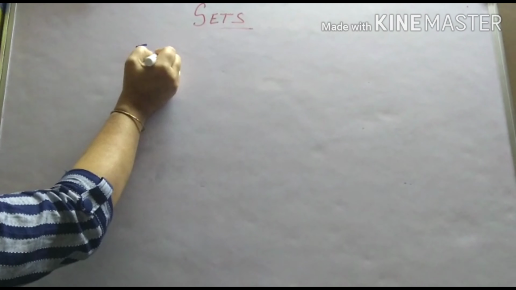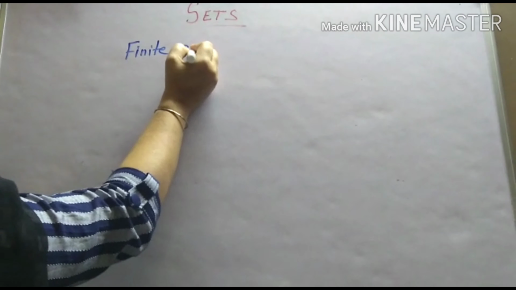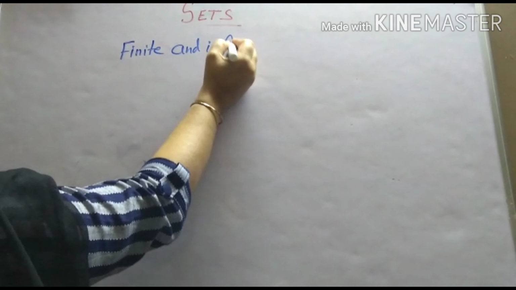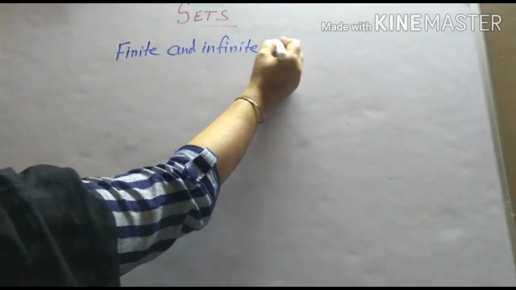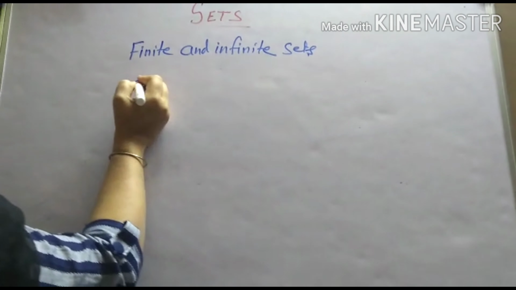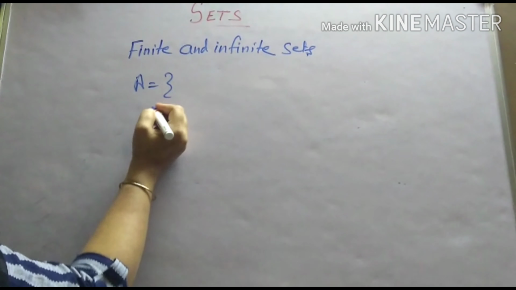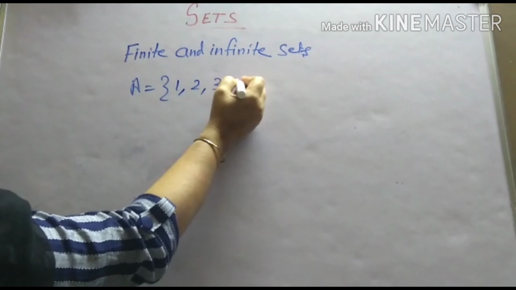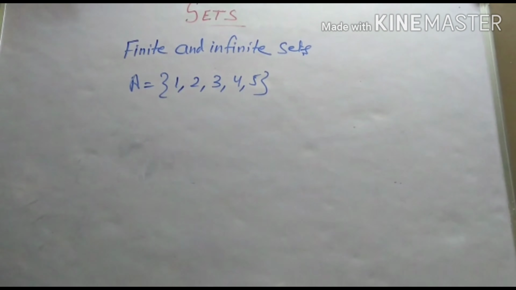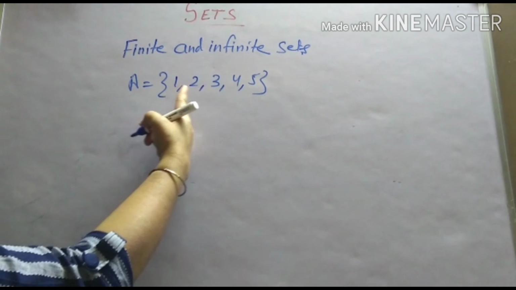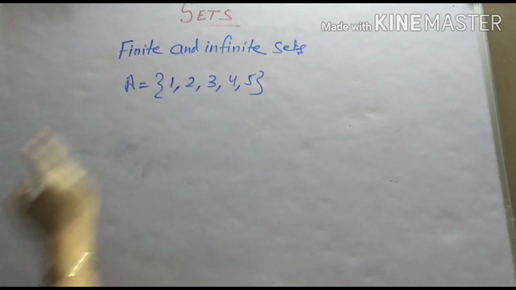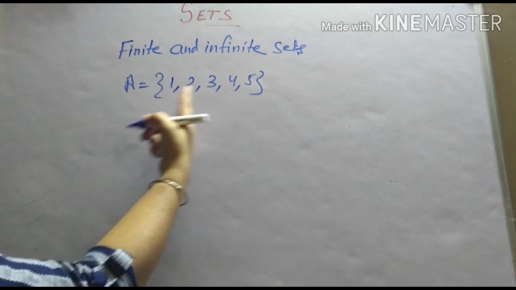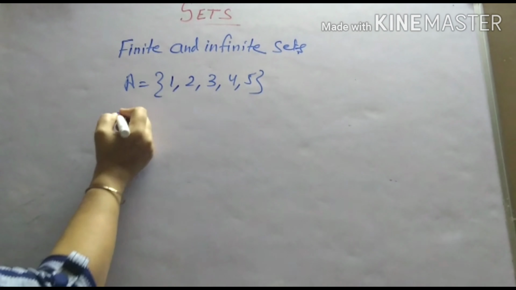Now, what are finite and infinite sets? If we have set A is {1, 2, 3, 4, 5}, it means elements are countable. So this is a finite set.